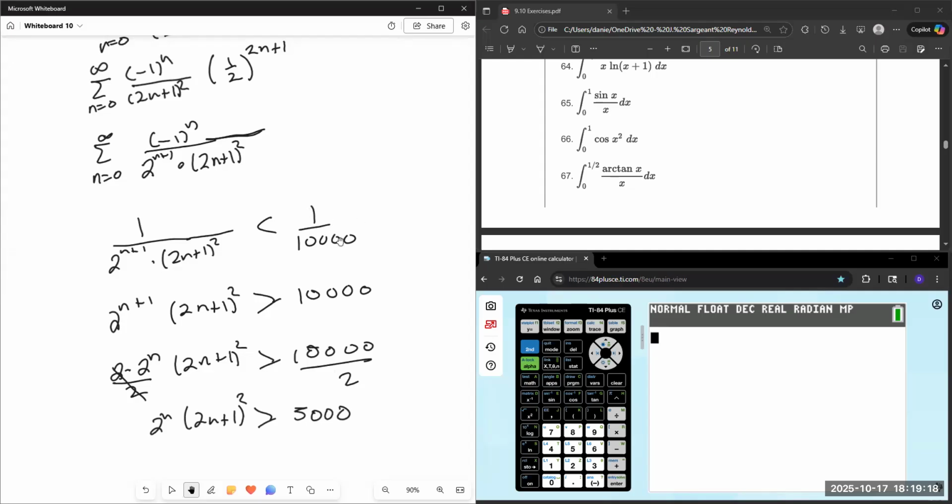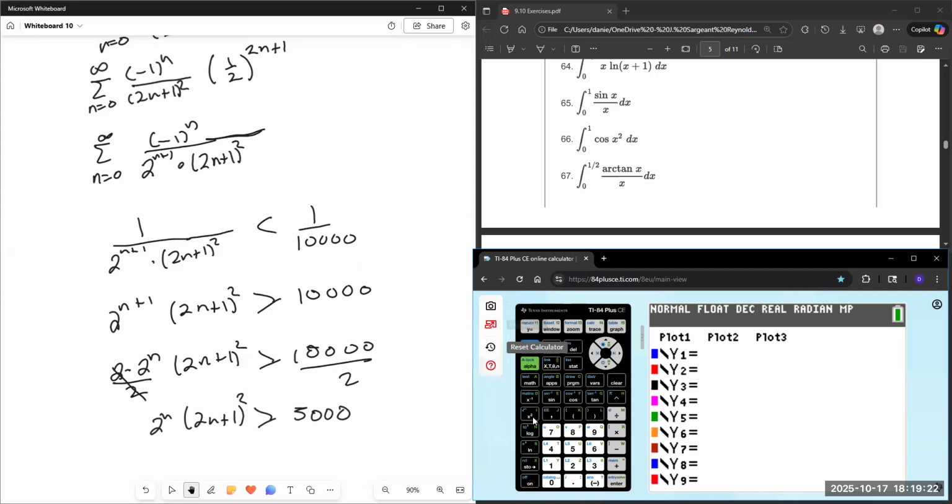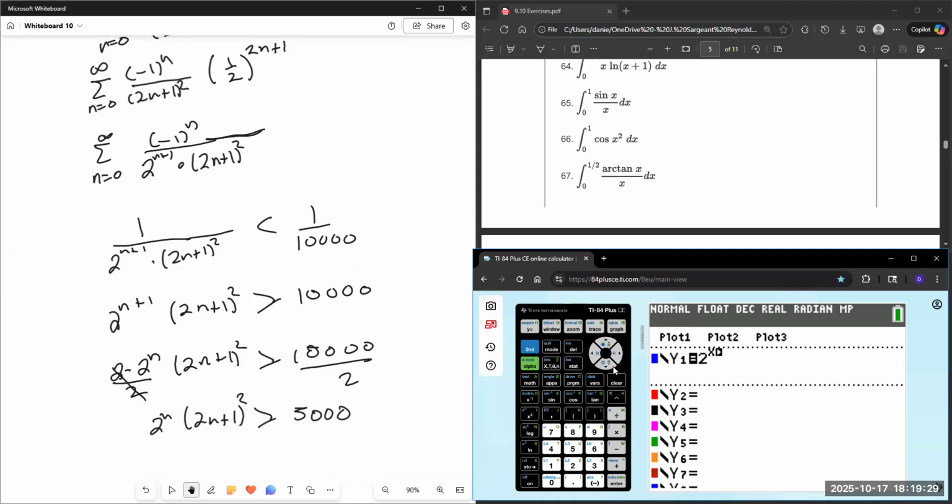So this is where my calculator is going to help me. I could use a table, but it's hard to read a table. So I'm going to use the calculator to graph 2^x times (2x+1) quantity squared. And I'm going to graph y equal to 5,000.